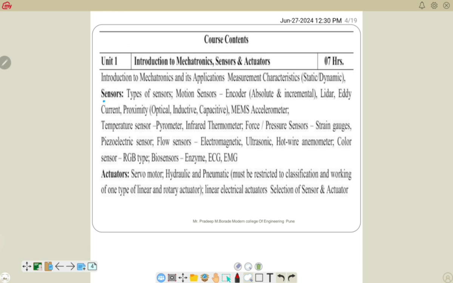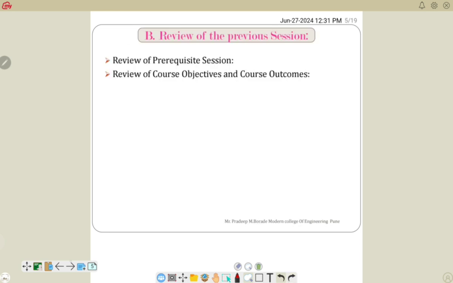Then sensors, so various types of sensors are there. Then actuators and types of actuators. So this is the first unit syllabus. Today we will start the first unit.